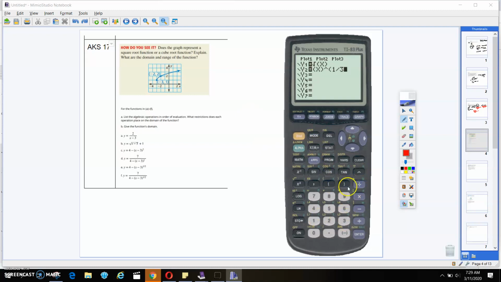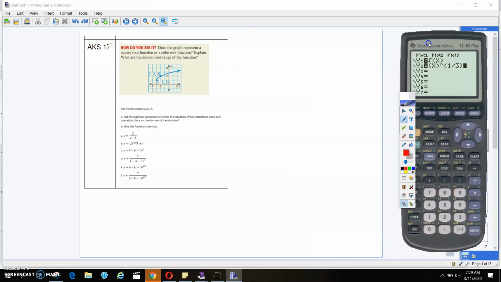I need y'all to know that the cube root is written out like this. Okay? So, if I graph both of those, that's the square root, and that's the cube root. Okay? So which one of these does this one look like? The square root. Okay?